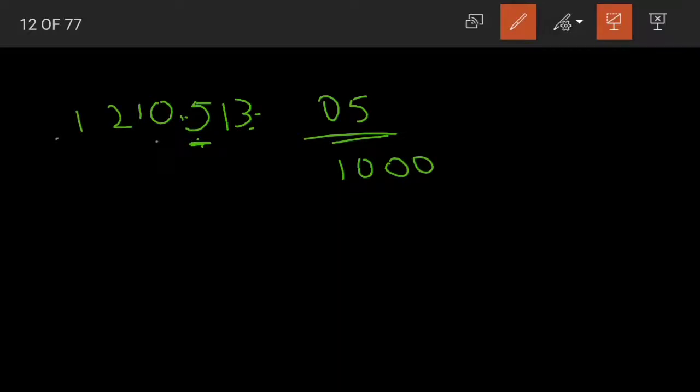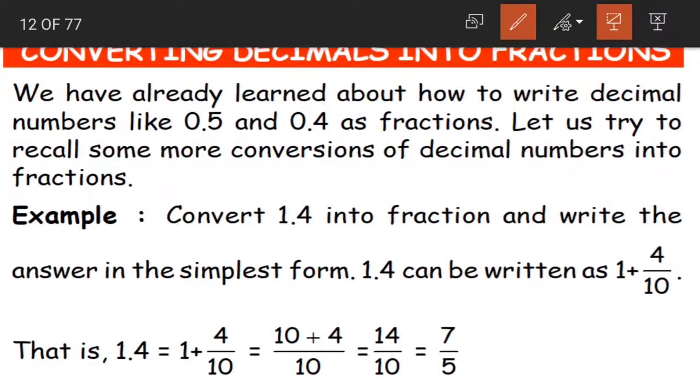Okay, children, we do not care about the number of places to the left of the decimal point. We only care about the number of decimal places. If it has 3 decimal places, then 3 zeros. If it has 2, it has 2 zeros.